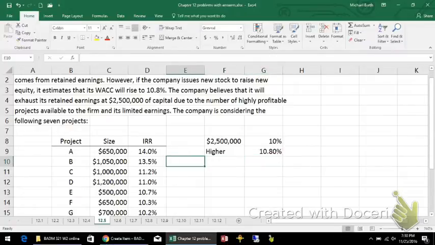All right, so this is a no-brainer. Anything that earns more than 10.8 would be a good project.